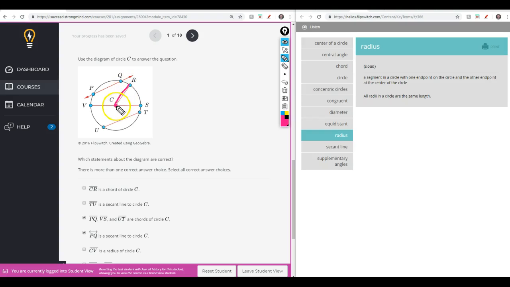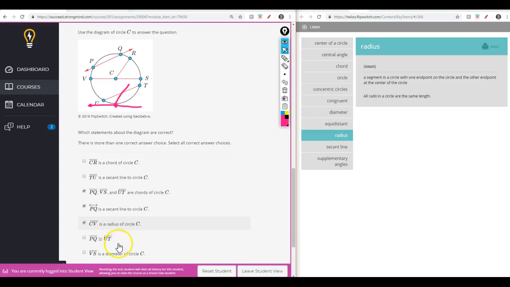So segment CR, segment CS, and segment CV are all radiuses or radii because they go from the center point to a point on the outside of the circle. So segment CV is a radius of the circle, yes.